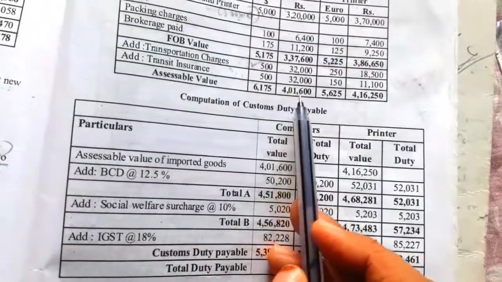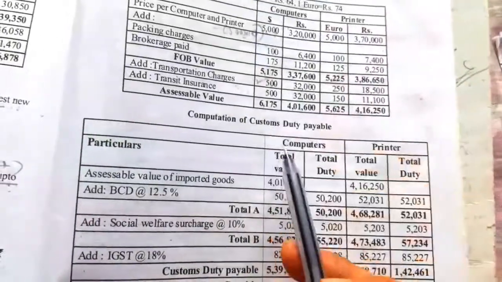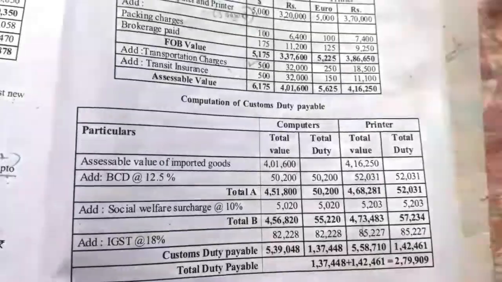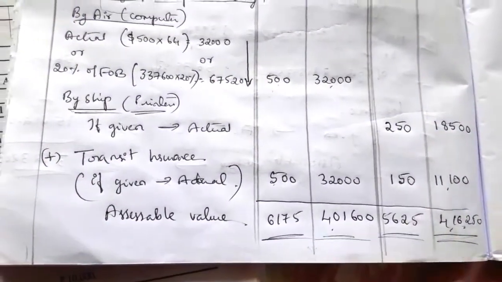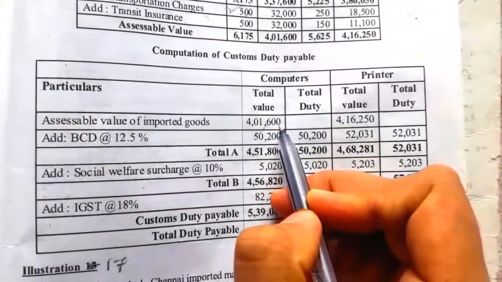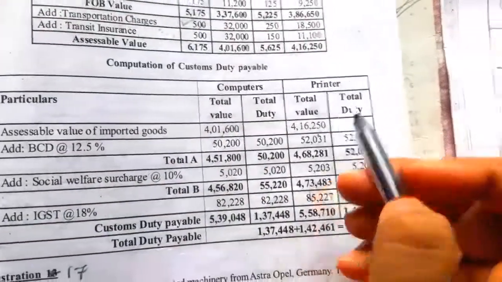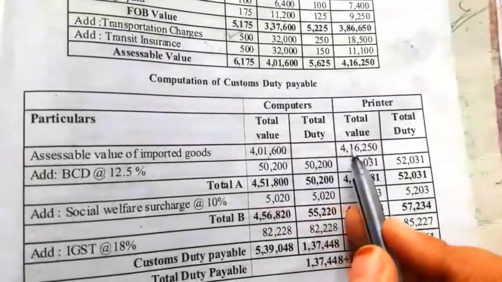Here we are taking only the rupee value, don't confuse with dollars or euro. The assessable value for computers is 4,01,600, and for the printer the assessable value is 4,16,250.